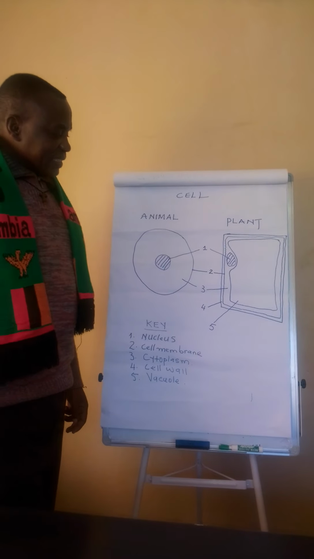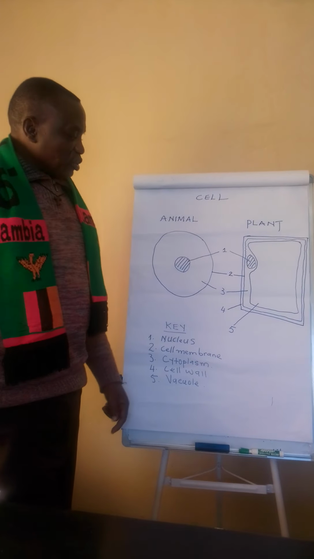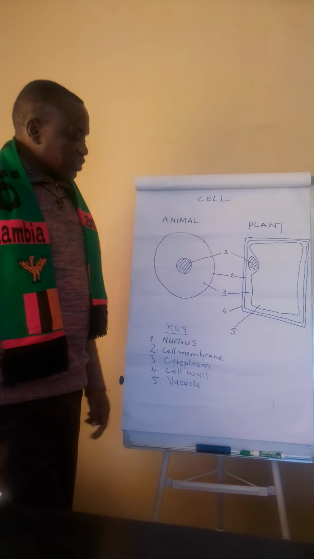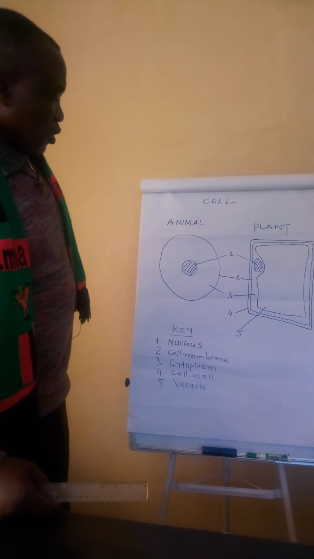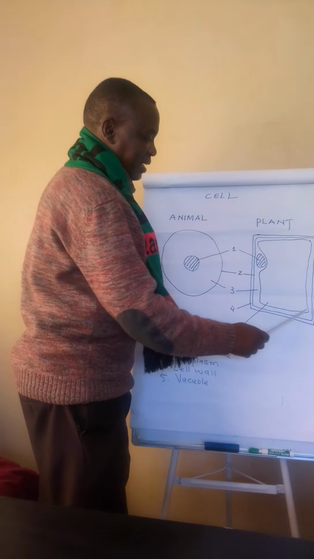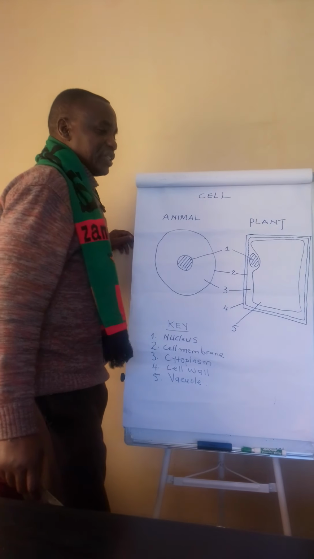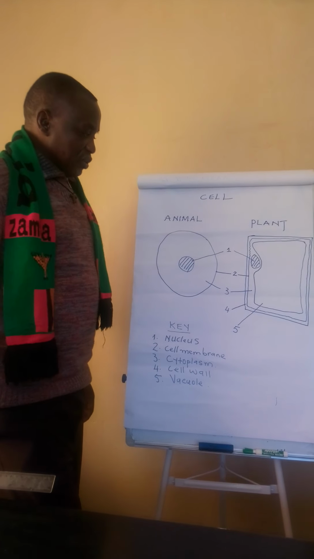Then the other structure that we have not shown here, which is also a difference between these two, is the presence of a certain organelle, which we call chloroplast, which is only associated with the plant cell. And the chloroplast is the one which, especially in green plants, contains chlorophyll.